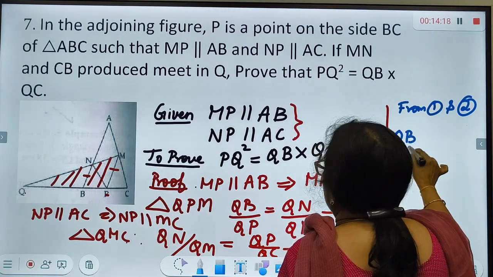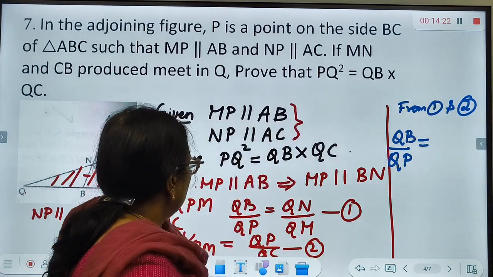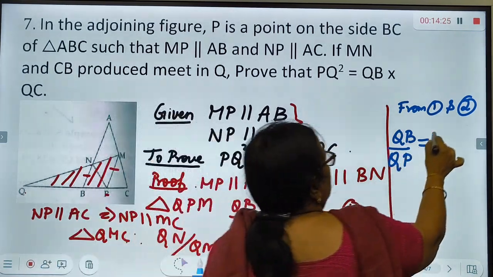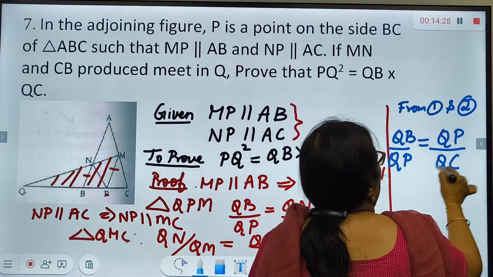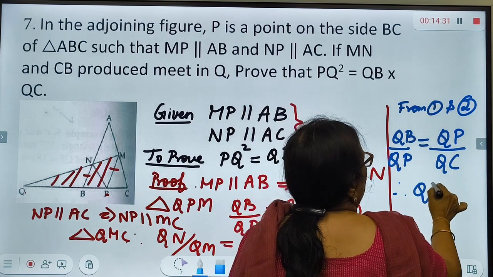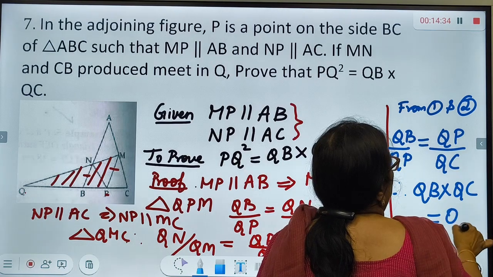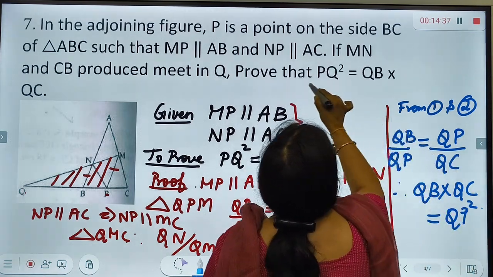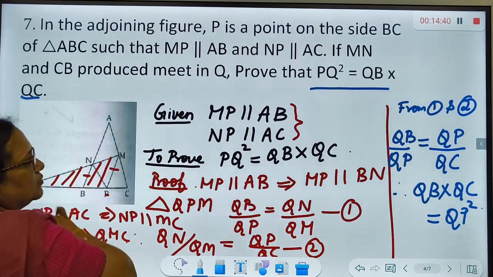QB by QP is equal to QP by QC. Cross multiply: QB into QC equal to QP square. This is what we wanted to prove.